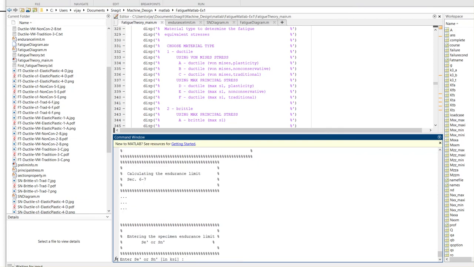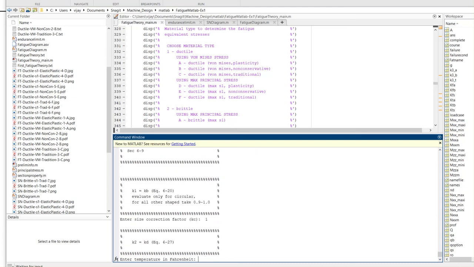Okay. Now your endurance limit, what is it? We talk about this. This is 0.5 times your ultimate for steel. So just enter the value exactly. Okay, it's 45. You cannot write 0.5 multiplied by SUT. It's not going to take it. So SUT, sorry. The correction factor is 1.